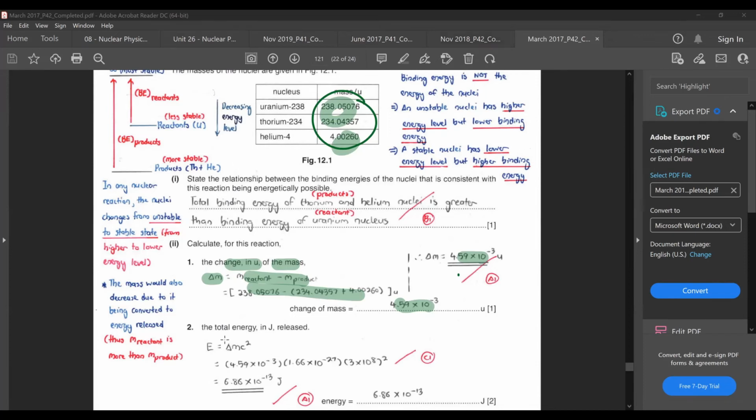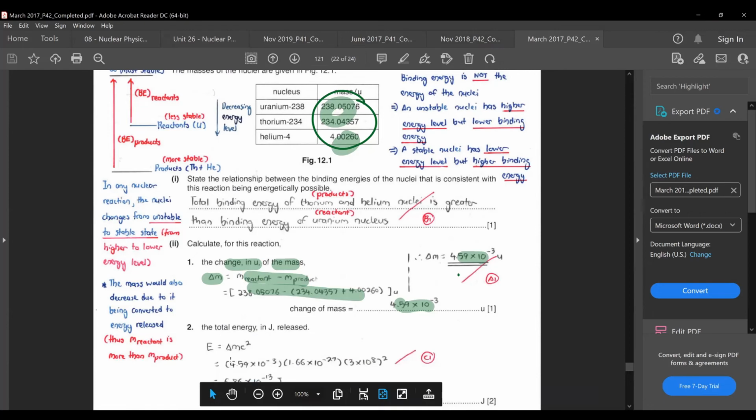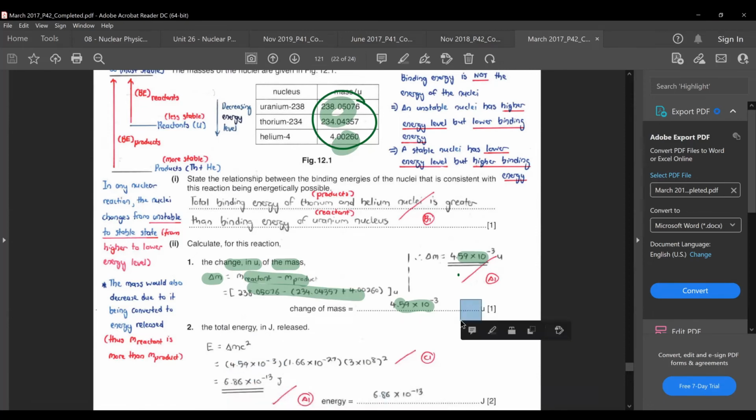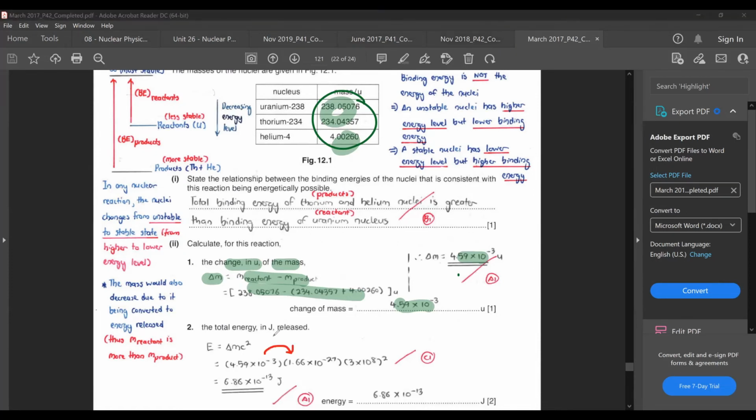For the energy release, you can just use delta m c squared. The mass you have, 4.59 times 10 power minus 3, is in terms of u. You need to change it to kg. That's the reason why you multiply with 1.66 times 10 power minus 27, which converts u to kg. Then you multiply with the speed of light, squared. You're going to get this final answer: 6.86 times 10 power minus 13 joules.